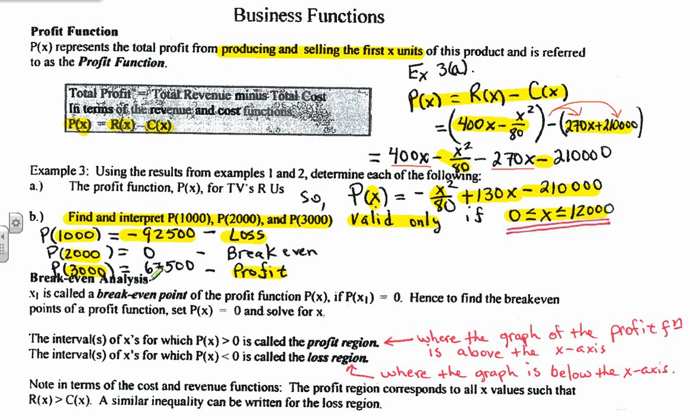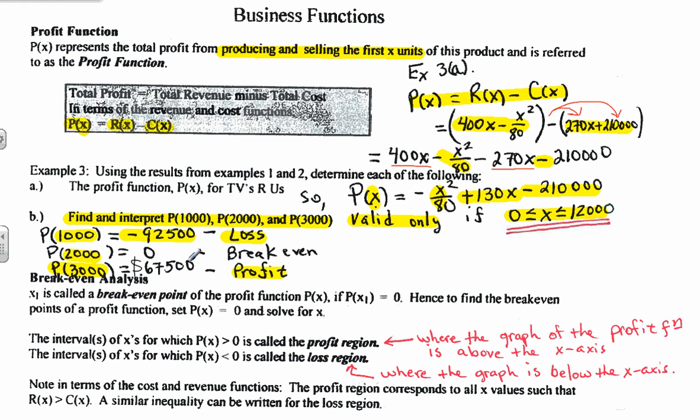So how would we interpret this P of 3000? Well, this P of 3000 represents the total profit from producing and selling the first 3,000 TVs in any given month. And that turns out to be, and by the way, this is in dollars right here.